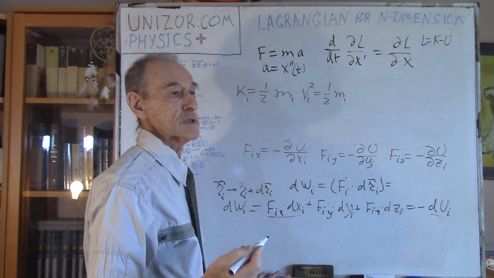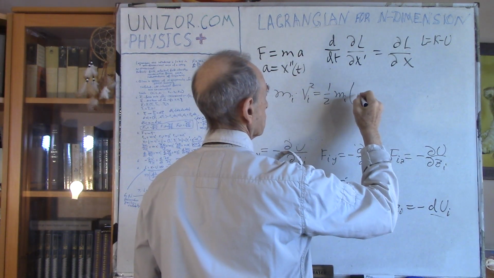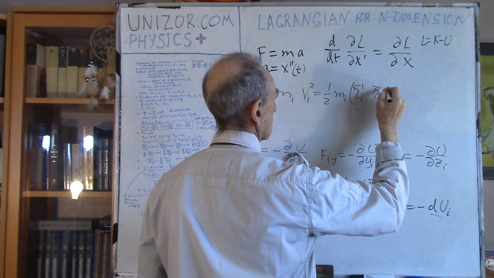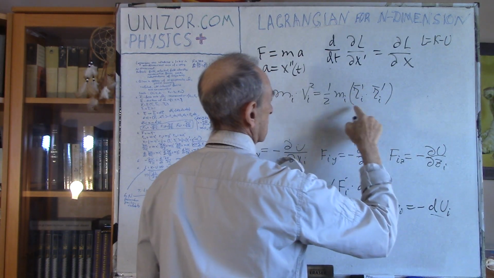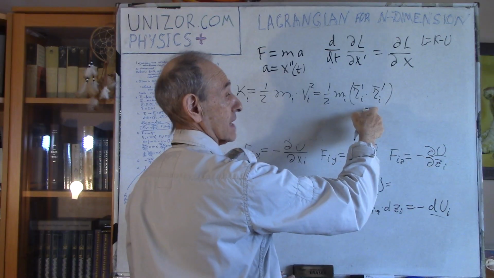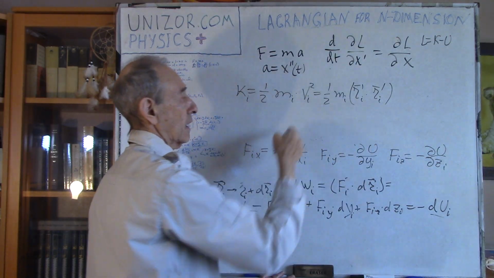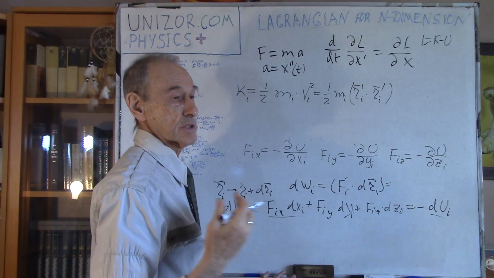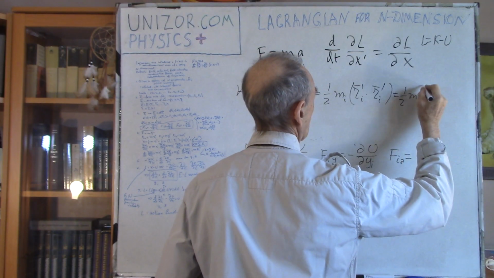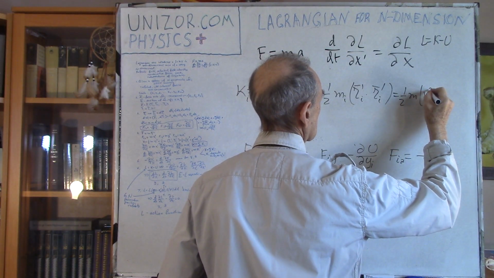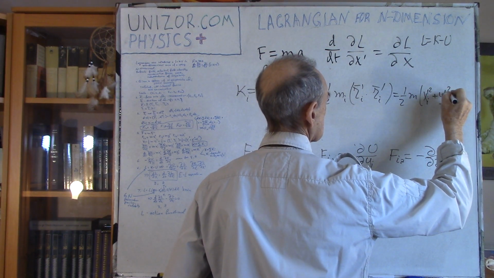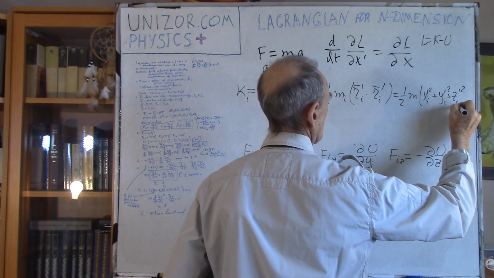Well, you can consider it always as a scalar product of the first derivative of the vector of position by itself. So position derivative, which is the velocity vector, and if you multiply the velocity vector as a scalar product by itself, you will have the absolute value of speed squared, which is equal to 1/2 m of the x derivative squared plus y derivative squared plus z derivative squared.